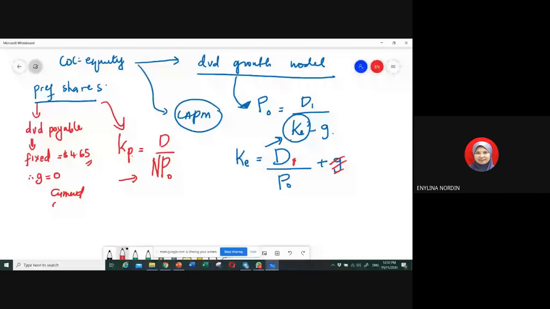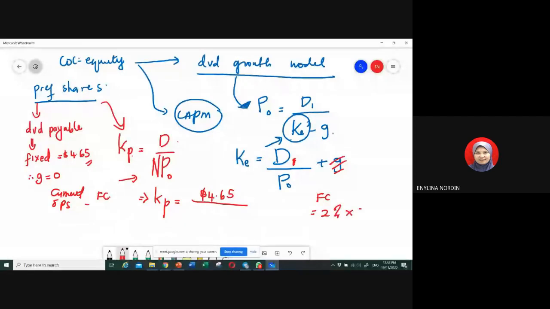So when we want to calculate the cost of capital for preference shares, what is the dividend? The dividend is a fixed amount, RM4.65. You divide by the price net of the flotation cost. The flotation cost is stated as 2% of the market value.